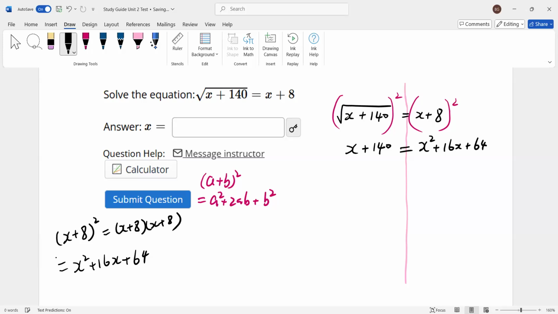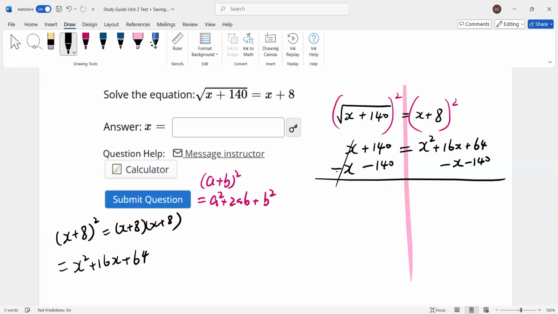8 times 8 is 64. I'm going to move everything to the right side for now, because x squared on the right side is positive. So I'm going to move x over, negative x, and 140 over, negative 140. If you don't like this method, you can just subtract x from each side, and then subtract 140 from each side.